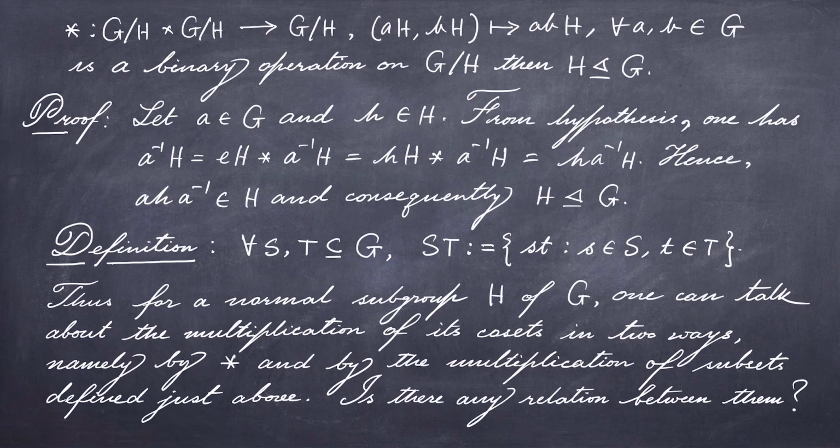So again, let me remind you, our primary objective was to make the set of left cosets of H a group with respect to star, and of course, in general, we cannot expect that to happen, as we have already seen.